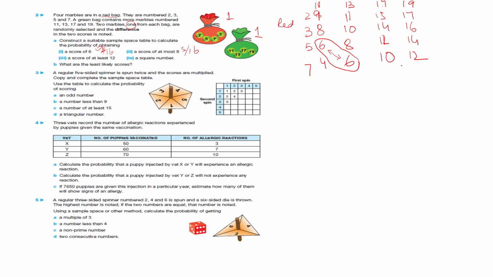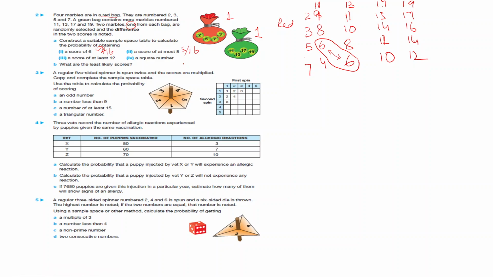More than 12. Out of 16, how many are more than 12? Okay, so getting at least a 12. So more than 12 are 1, 2, 3, 4, 5. So there are 5 which are more than 12.